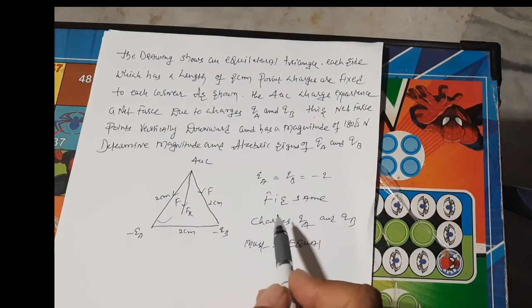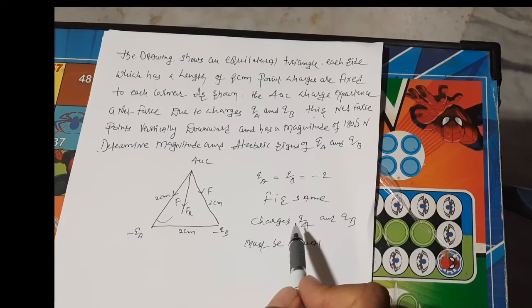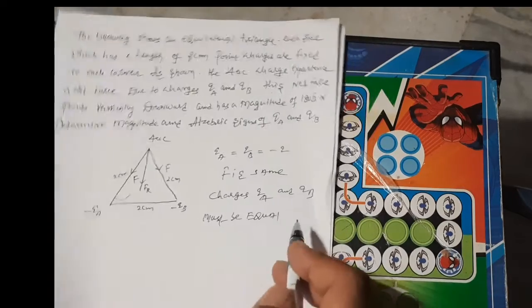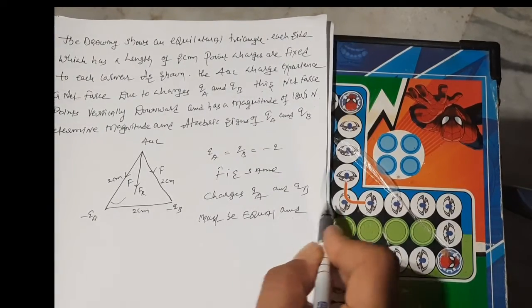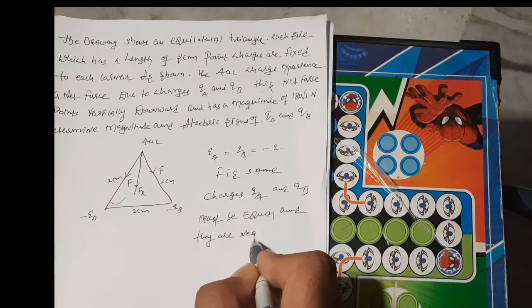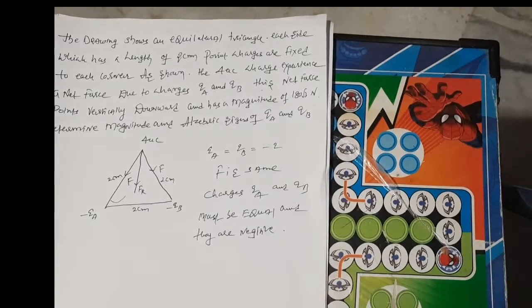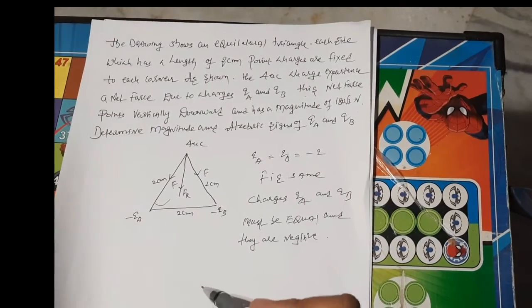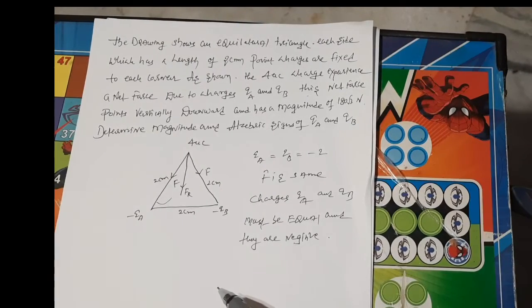Why equal? Because F is the same, so QA and QB are equal, and they are negative. Then only this condition is possible.